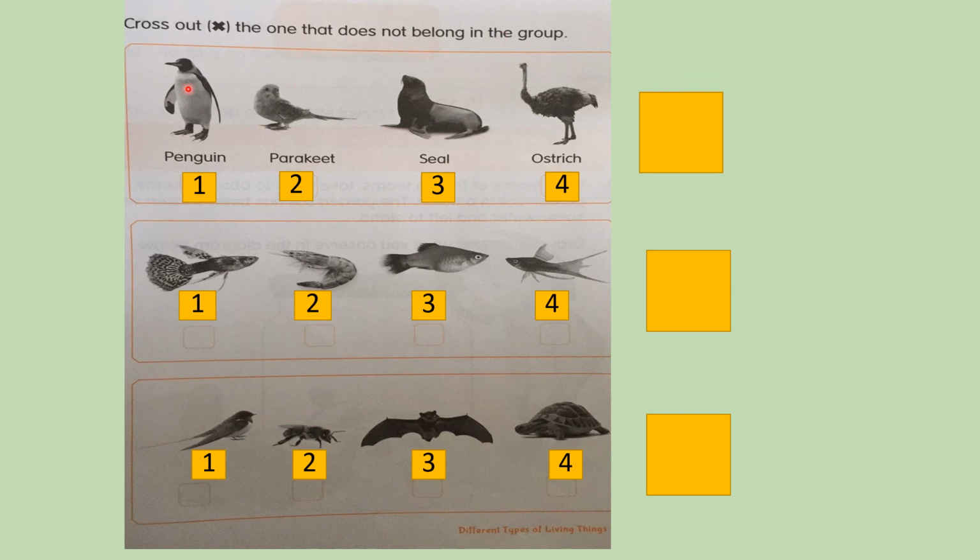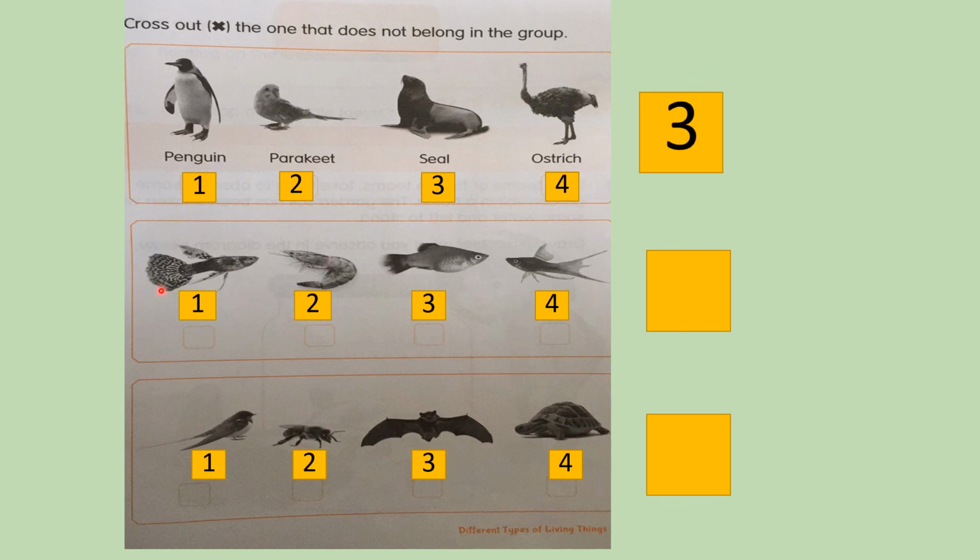So we have here penguin, parakeet, seal, and ostrich. As we can see, penguin is a bird, parakeet is a bird, ostrich is a bird. How about the seal? Is it a bird? No. So we're going to cross out this number 3. Cross out because it does not belong to the group.